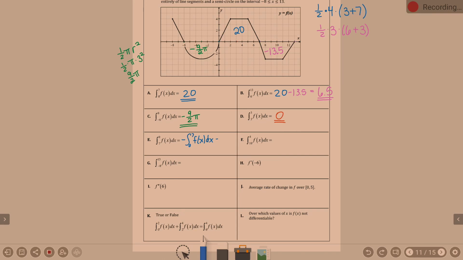We already found that to be 20, so this is negative 20. Wait, why are we doing that? Oh, 7 to 0. Okay. Yeah, you always want the smaller boundary on bottom when you're actually doing the solving here. Okay. What about F?